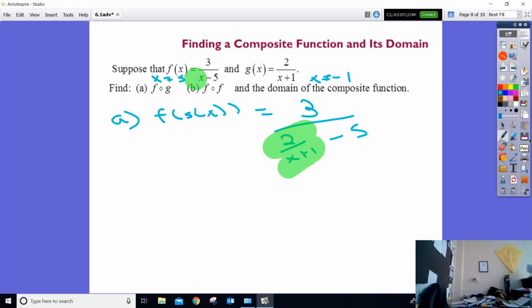Now, this is where you talk about domain. As soon as you form the function, you immediately talk about domain. Right there, when that function was created, at its initial setup, what could x not have been? 5. At the moment of inception, if x is 5, this is never going to happen. So we'll write that off to the side.